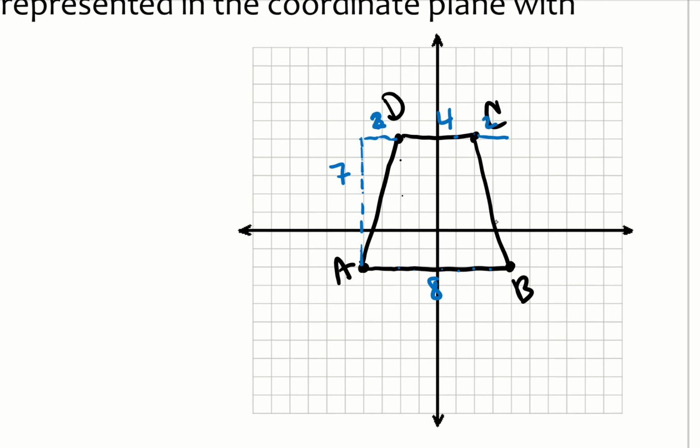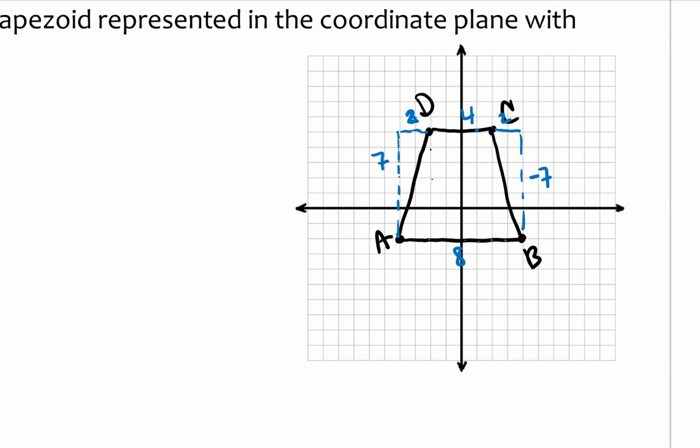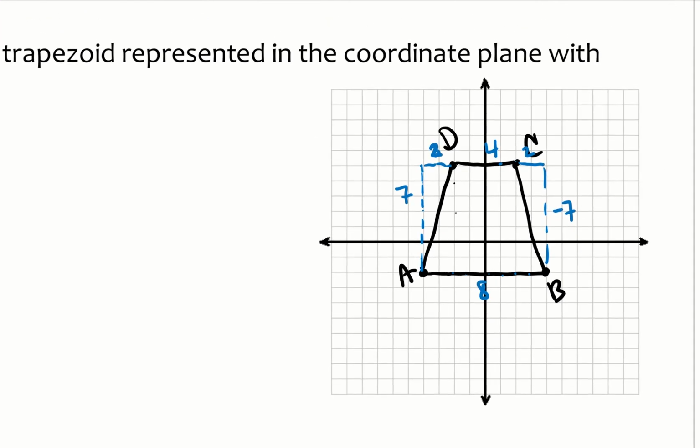Here it's 2 across and 7 down. All right. So now let's go ahead and find the distances. We already know that DC is equal to 4, and we know that AB is equal to 8.